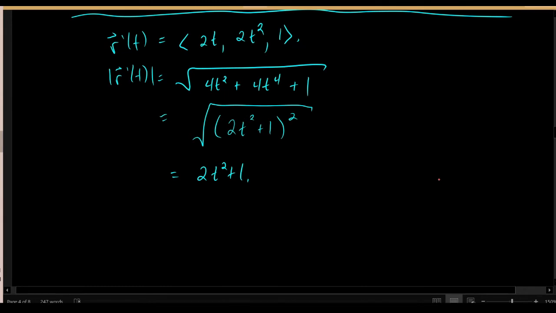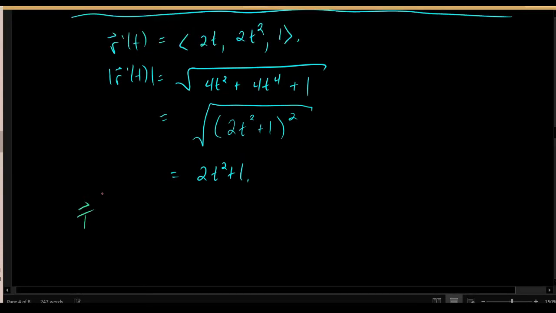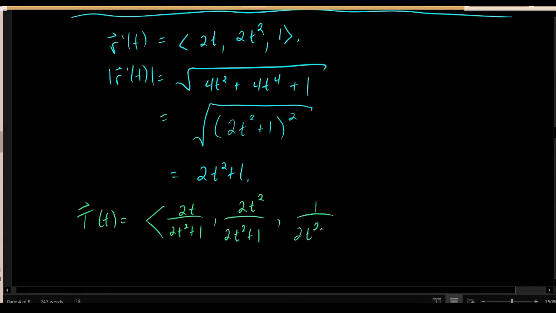Now that we have found these quantities, we can put them into the formula for the unit tangent vector, which is equal to the velocity divided by the speed. 2t over 2t squared plus 1, 2t squared over 2t squared plus 1, and 1 over 2t squared plus 1.